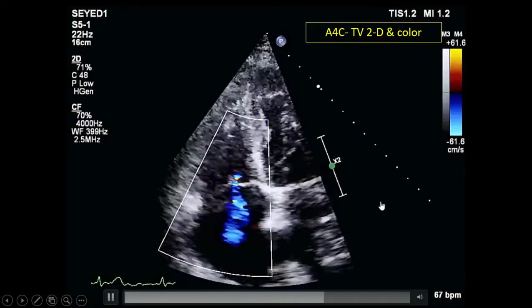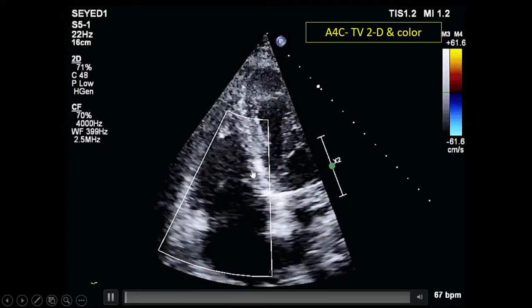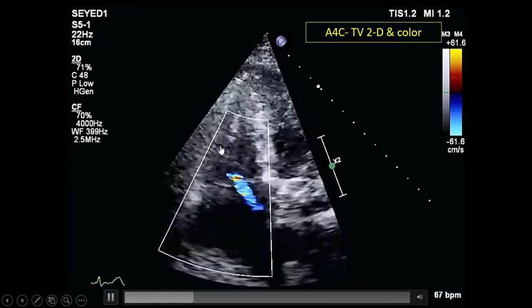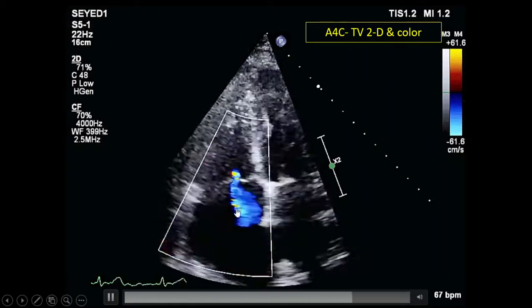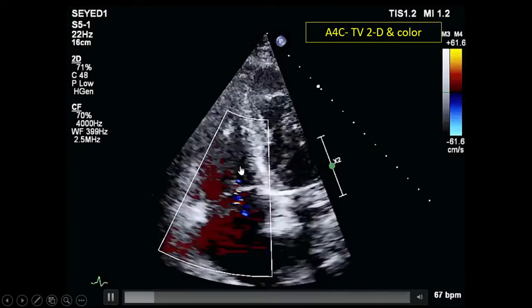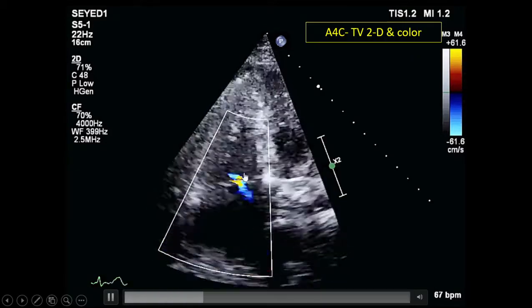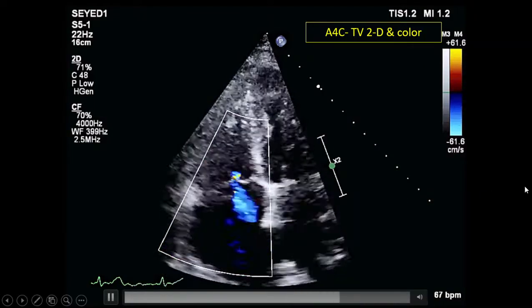But if not, we go off axis. For example, here, even with the RV focused apical for the jet, as you see, some part of the jet becomes central, some part at a different angle becomes septal. So in this case, the cursor is not completely parallel to the jet.